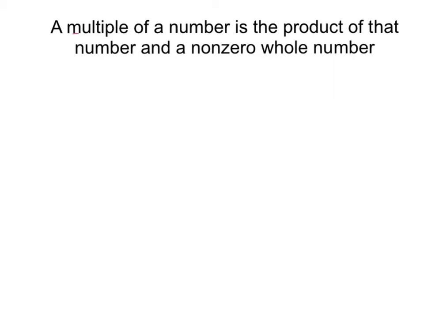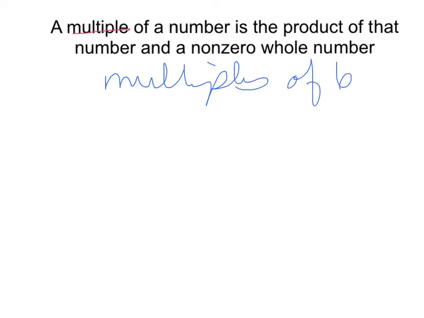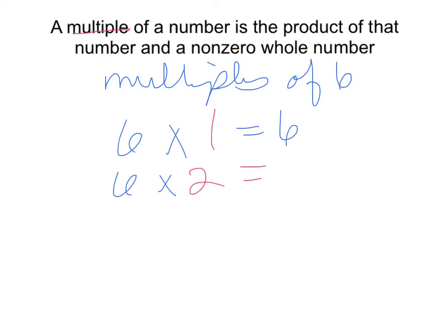A multiple of a number is the product of that number and a non-zero whole number. So if we wanted to look at multiples of 6, 6 times 1 equals 6, 6 times 2 equals 12, 6 times 3 equals 18.